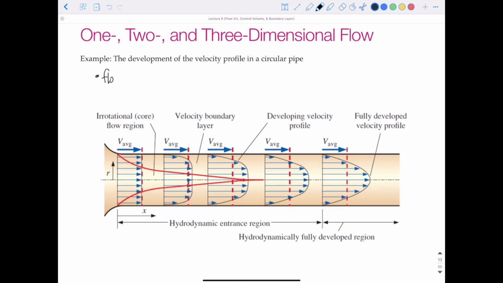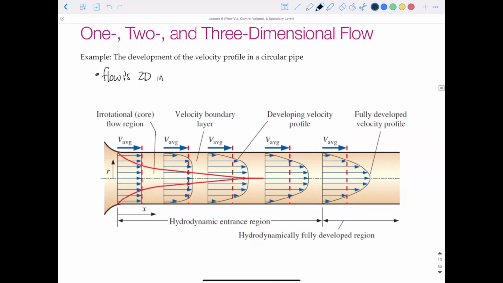So flow is 2D in the entrance. So that means our velocity field is a function of r and z.